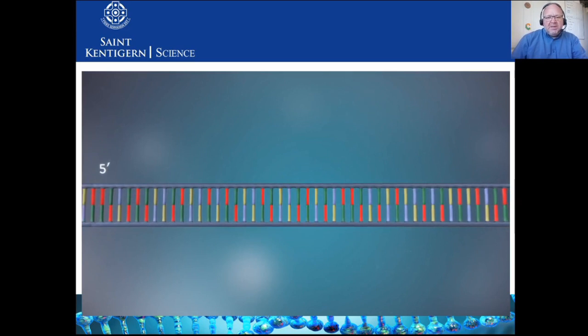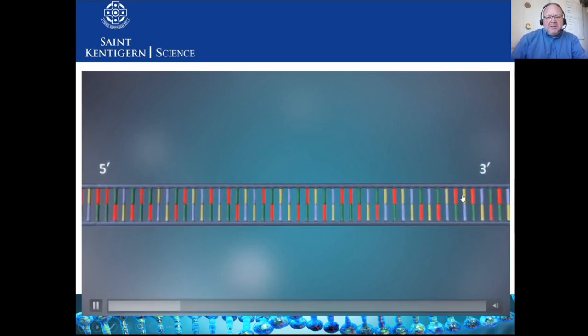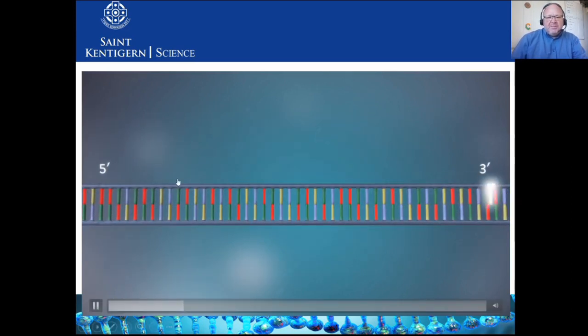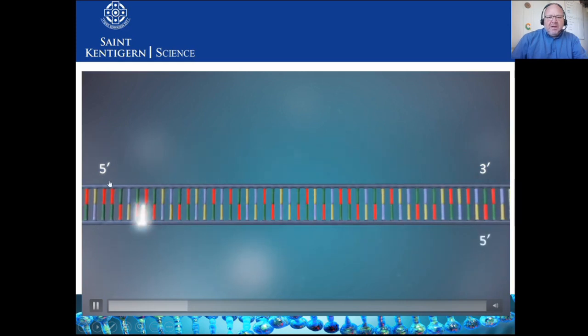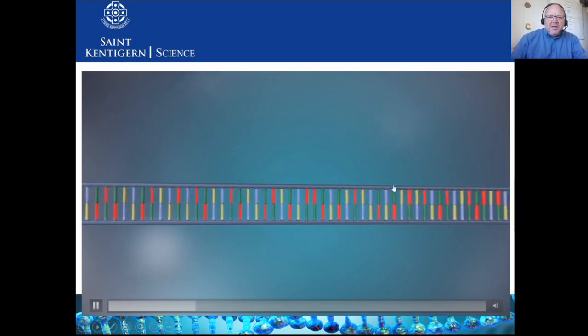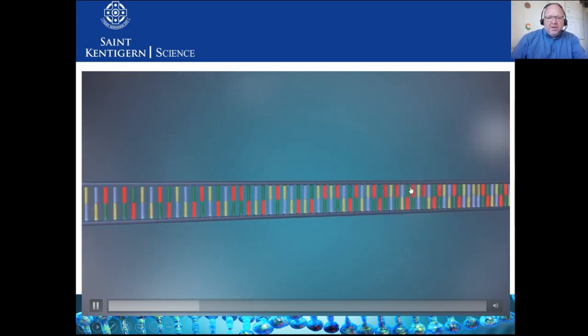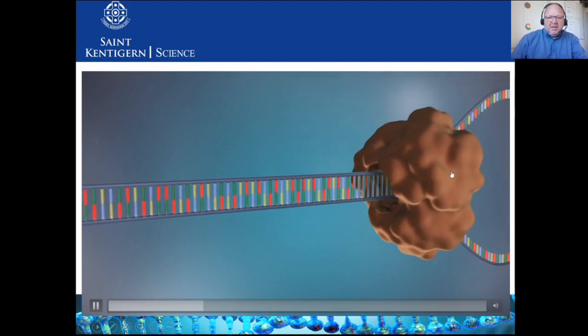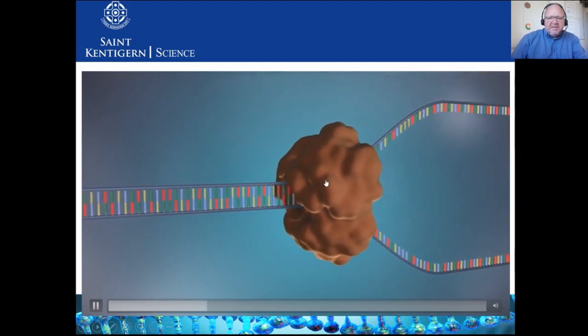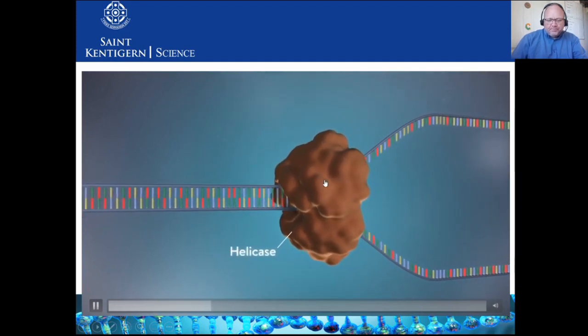Helicase opens up the helix. Okay, so the image just showed there the complementary base pairing, and DNA replication can only happen in one direction, and that is from the 5' to the 3' direction. Okay, so here comes helicase, and helicase is basically unzipping this thing for us.